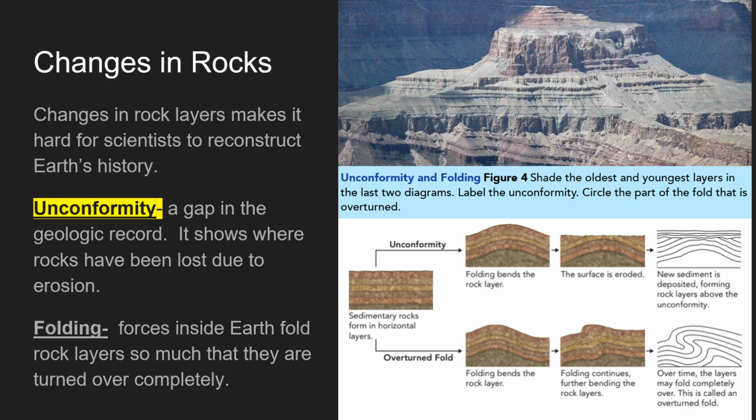So figure 4, we have unconformity and folding. We're supposed to shade the oldest and youngest layers in the last 2 diagrams, label the unconformity, and circle the part of the fold that is overturned. So here at the top and the bottom is what we need to color, and the unconformity is the top.